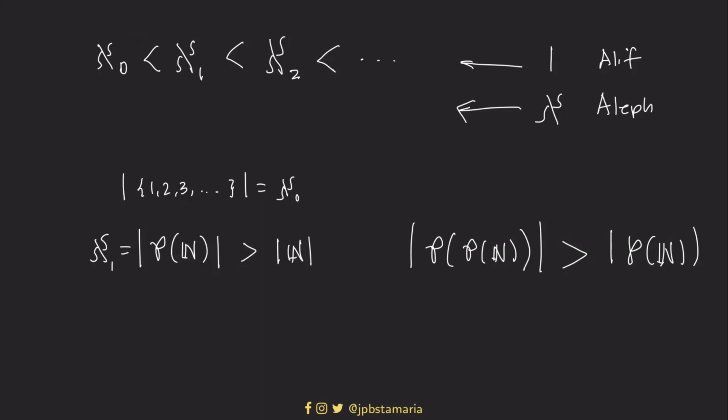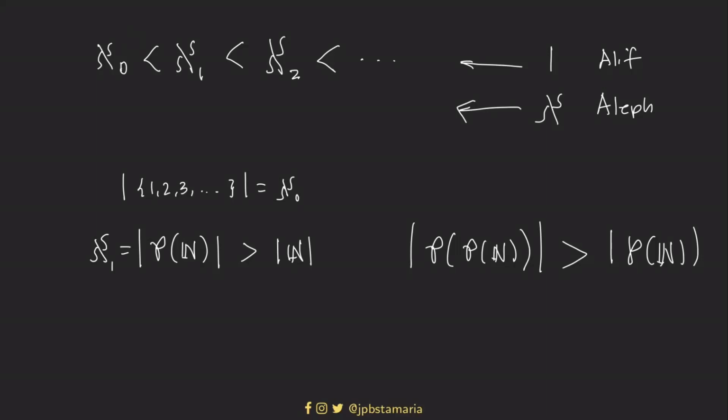Alam niyo ba kung ano yung pumatay kay Cantor? Tinanong niya, gaano ka infinite yung number of infinities? Is that countable or uncountable? Di ba sabi niya, may proof tayo that there are infinitely many infinities. Correct.